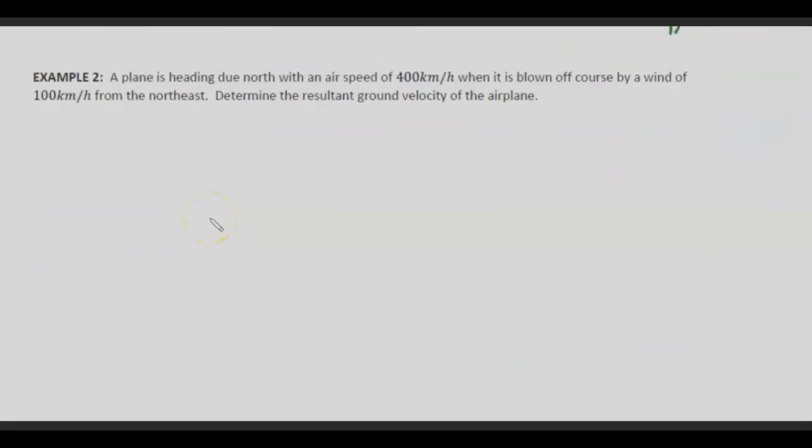Example 2. A plane is heading due north with an airspeed of 400 kilometers per hour, when it is blown off course by a wind of 100 kilometers per hour from the northeast.